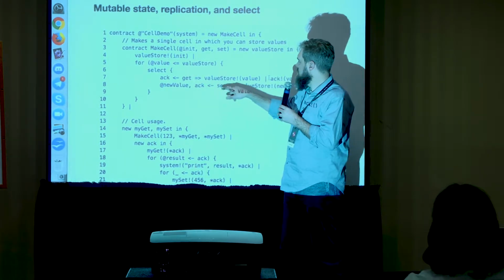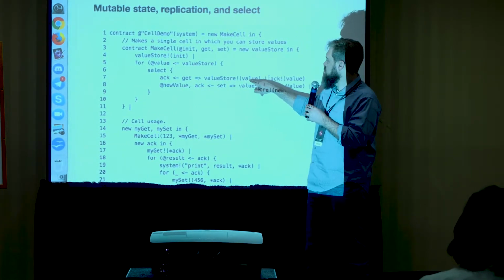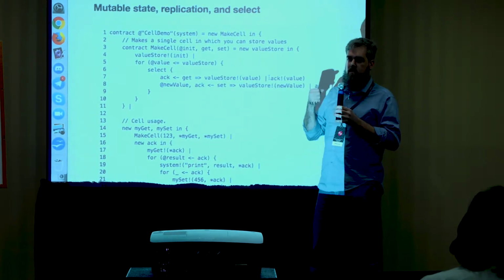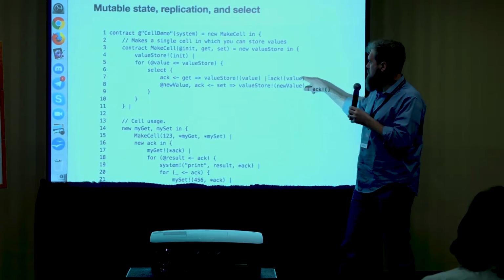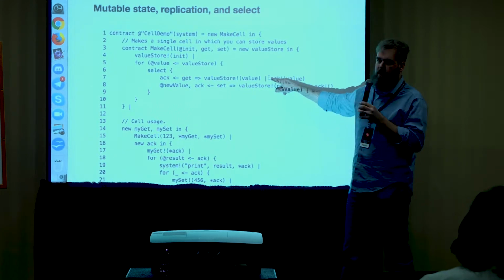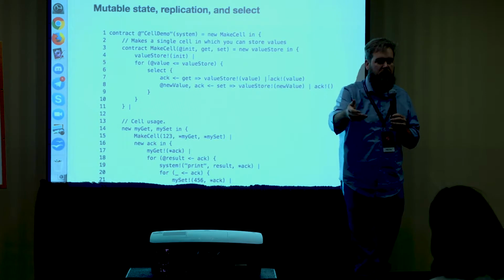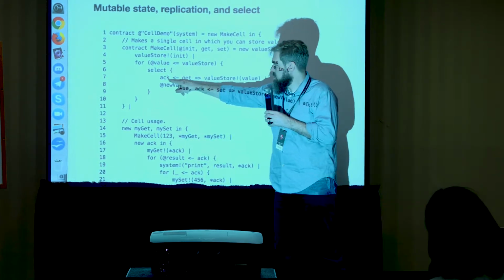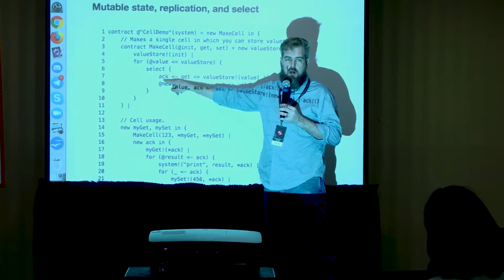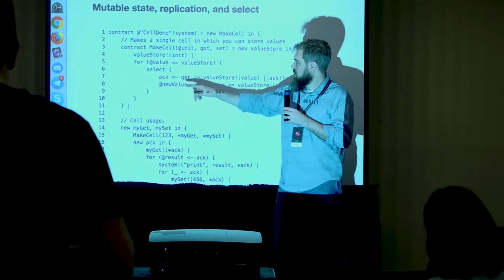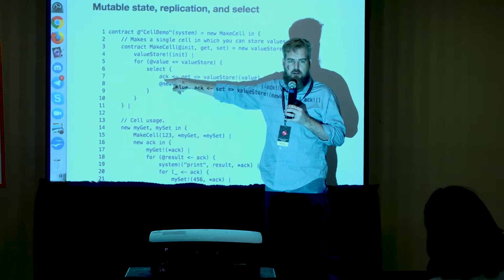If there's a get, then it puts the value back into the data store. So it pulled it out first, then puts it back, and then it also sends it along the acknowledgement channel. So every time that you want to get information back from a process, you have to send along some channel for them to give it to you on. So here it says, I want you to give me the value, send it to me on this channel.